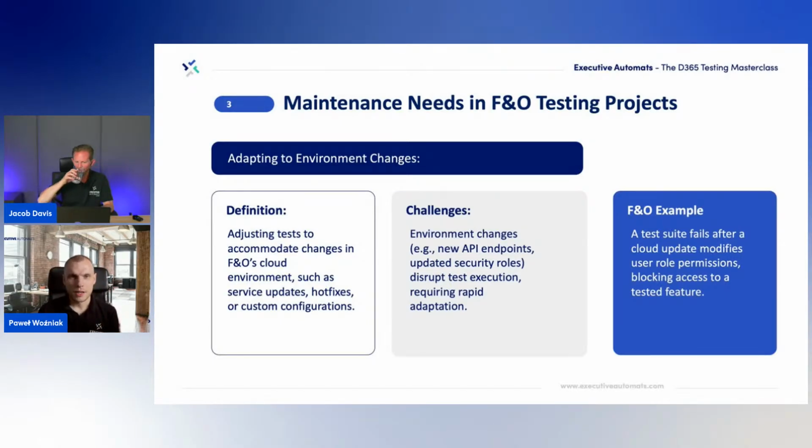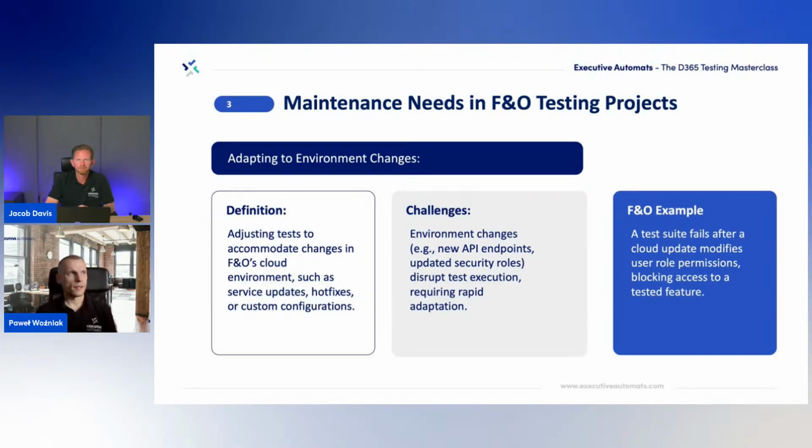So this type of maintenance is triggered by changes that are not on us. They are environment changes. Here I have an example that the whole test suite fails after a cloud update, which modified role permissions, and this blocks the test cases.